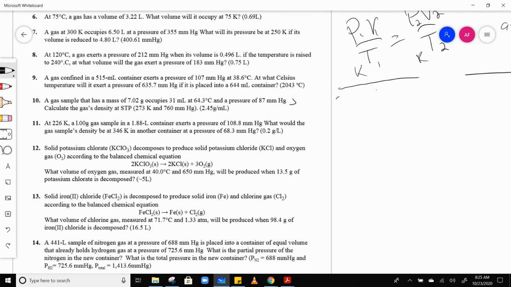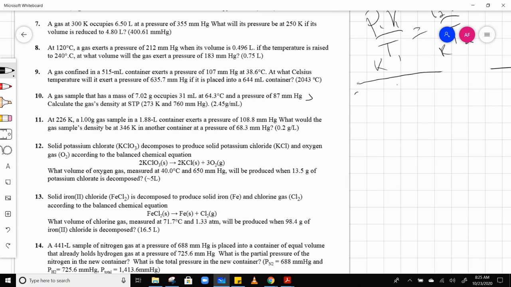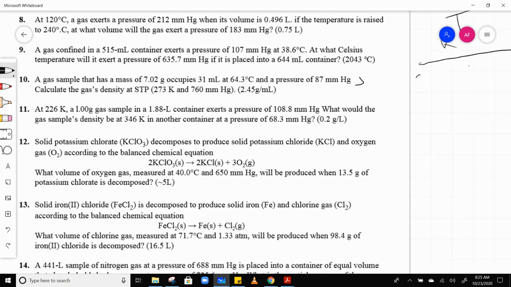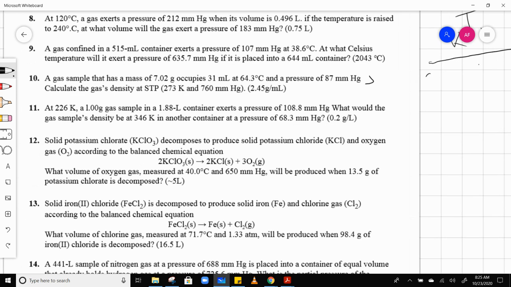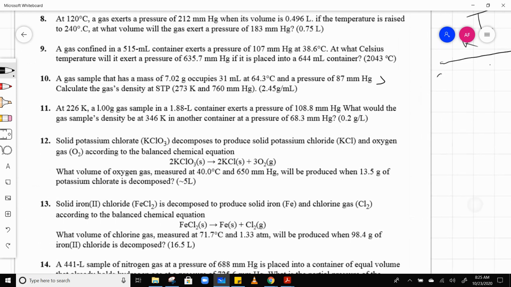Okay, so number 12. Solid potassium chlorate, KClO3, decomposes to produce solid potassium chloride and oxygen gas. What volume of oxygen gas measured at 40 degrees Celsius, 650 millimeters of mercury, will be produced when 13.5 grams of potassium chlorate is decomposed?